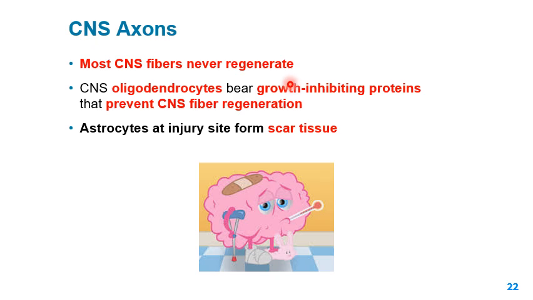What they have instead is growth inhibiting proteins, so that really prevents the regeneration of damaged axons in the brain. Whenever you have a major axon that is broken in the brain, that's usually permanent. What usually forms at the space where you have the damage is connective tissue or scar tissue that fills up the area that got damaged.